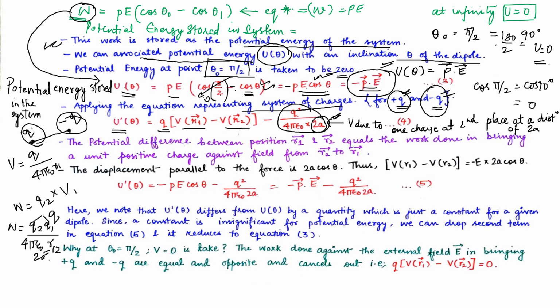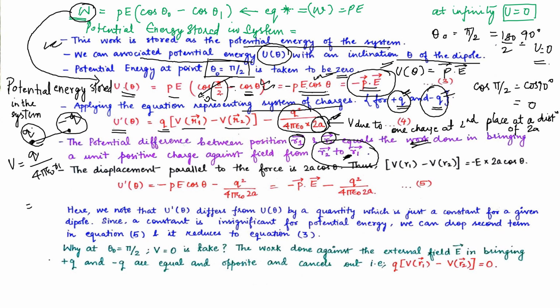Now going further, we will see that the potential difference between the positions r1 and r2 equals the work done in bringing a unit positive charge against the field from r2 to r1. What exactly they are trying to say here is that the potential difference of these positions r1 and r2 is equal to the work done to bring a positive charge against the field from r2 to r1.